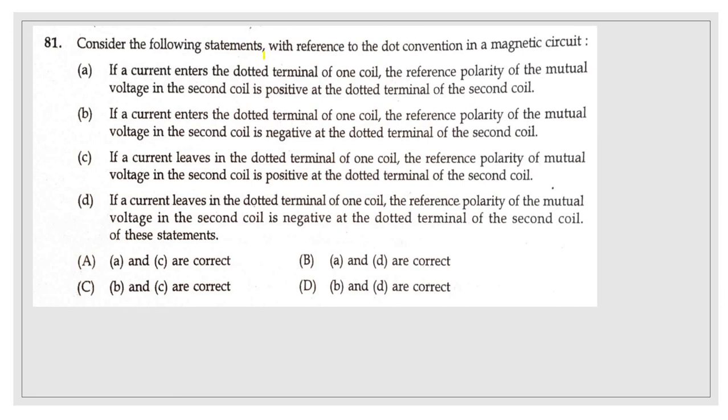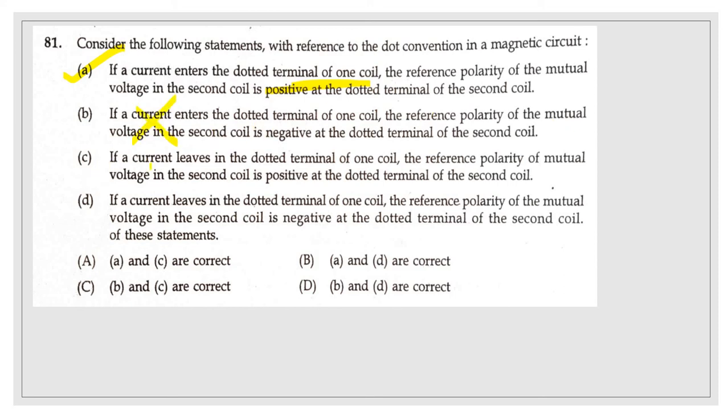Next, consider the following statements with reference to dot convention in the magnetic circuit. A: If current enters the dotted terminal of one coil, the reference polarity of the mutual voltage in the second coil is positive at the dotted terminal of the second coil. This is correct. B: If current enters the dotted terminal of one coil, the reference polarity of mutual voltage in the second coil is negative. Wrong.